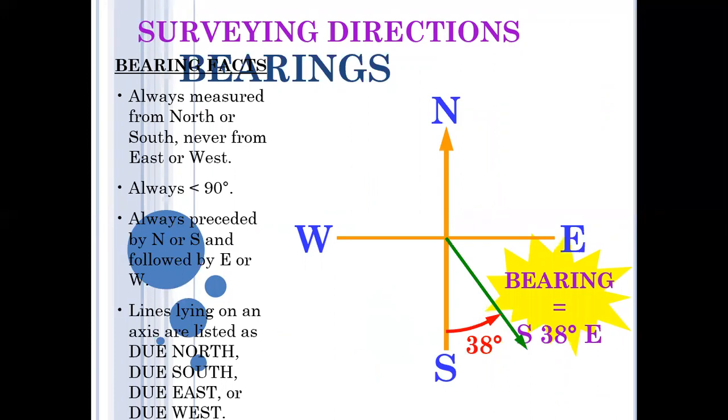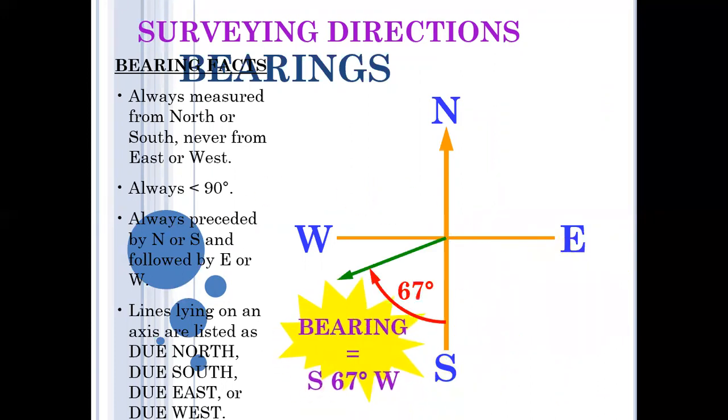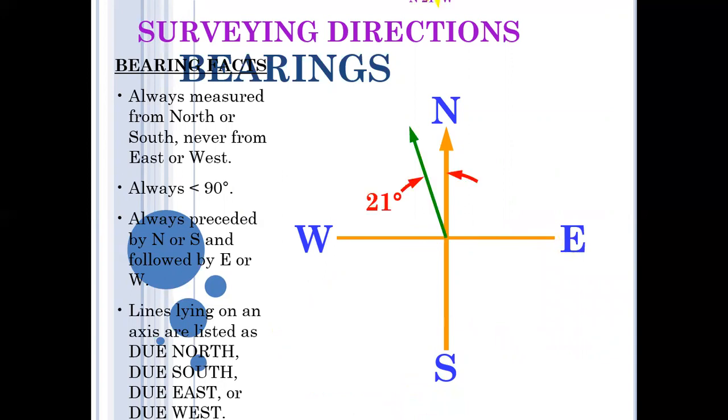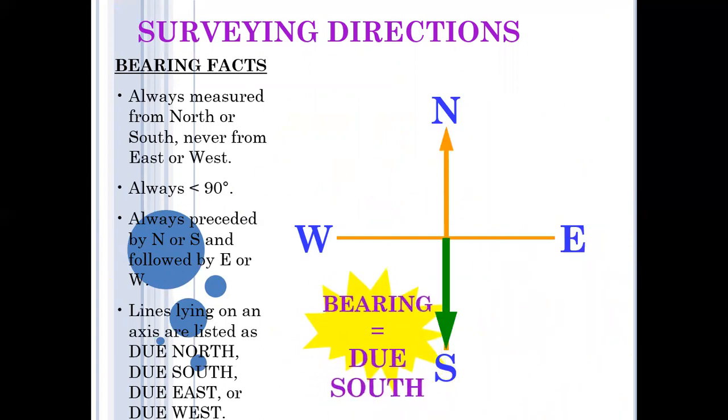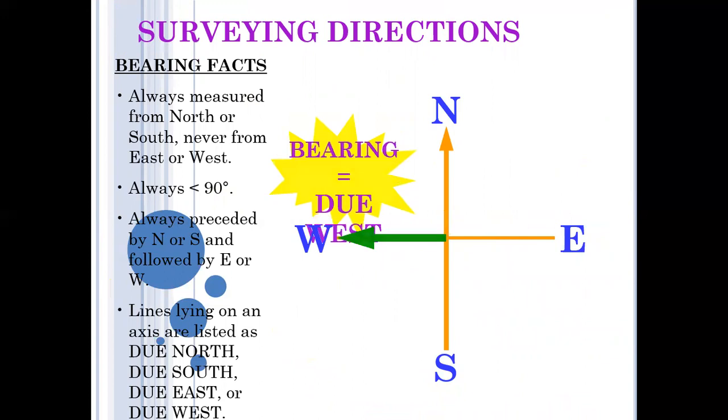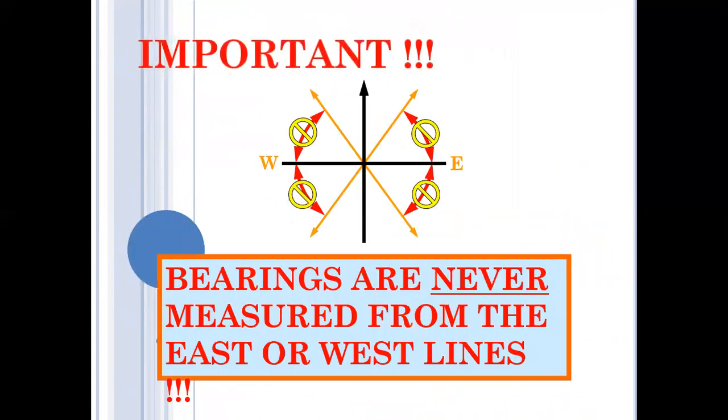Next, south 38 degrees east. South 67 degrees west. And north 21 degrees west. These are due north, due east, due south, and due west. It's important that bearings are never measured from the east or west lines.